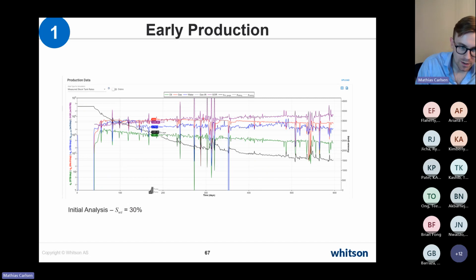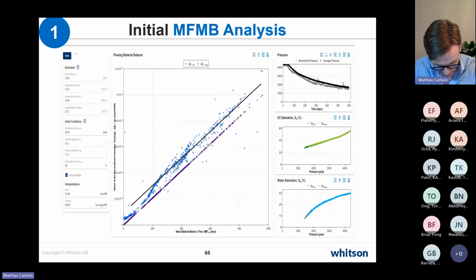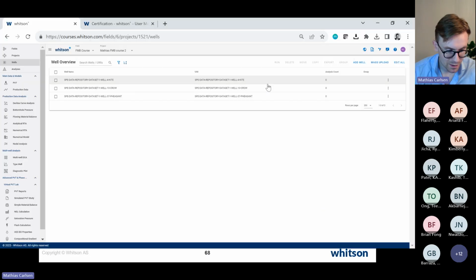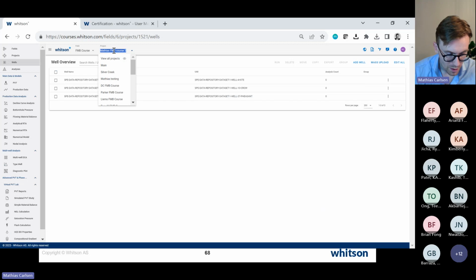If you do that analysis with a water saturation assumption of 30%, and you do your best job at interpreting this type of plot, you get a dashboard like this in Whitson Plus. One difference that you'll see here is this purple line. By default in the software, that purple line is off.